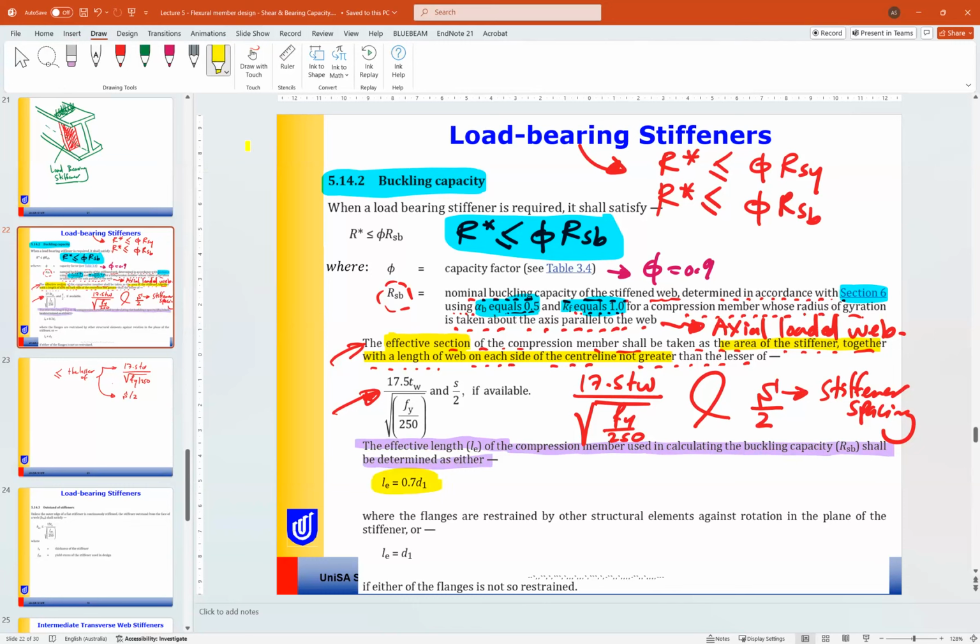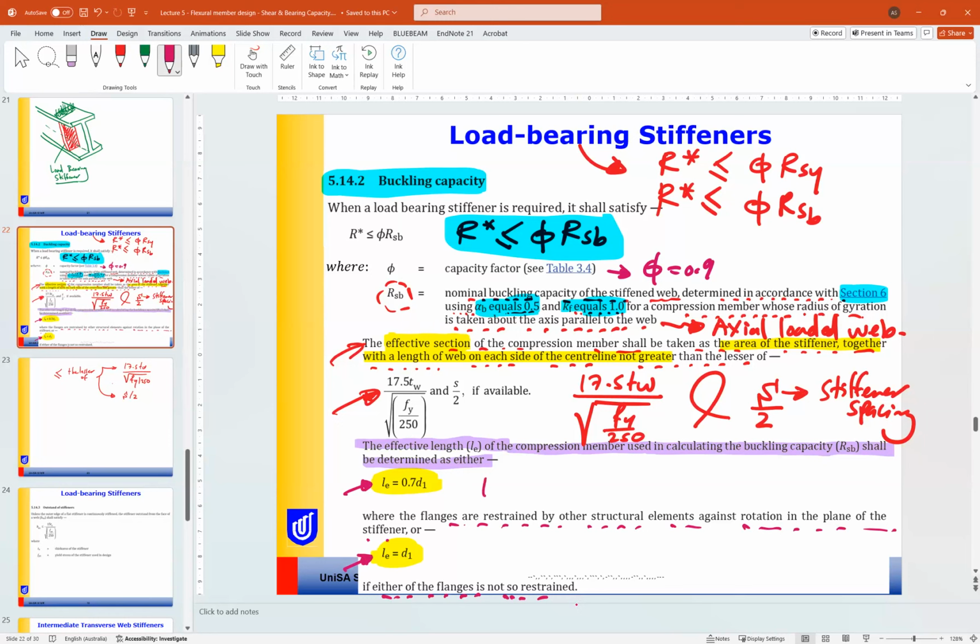L effective is 0.7 D1, where the flanges are restrained by other structural elements against rotation in the plane of the stiffener, or L effective is D1 if either of the flanges is not so restrained.